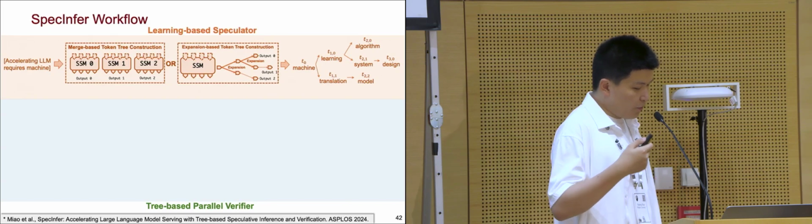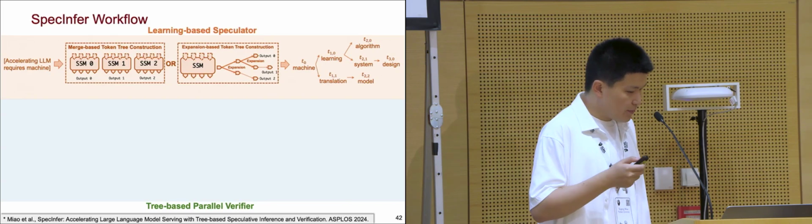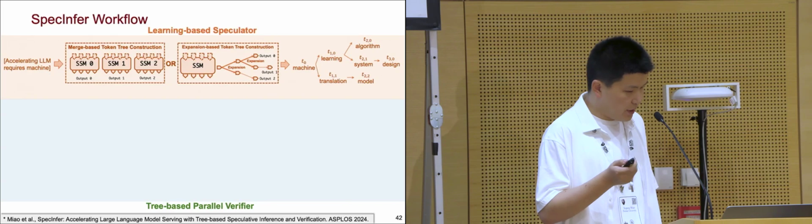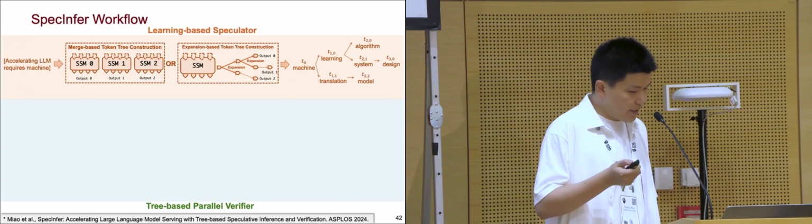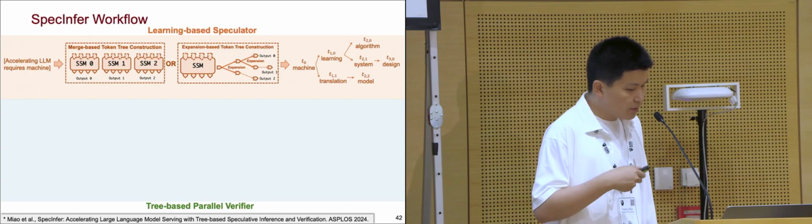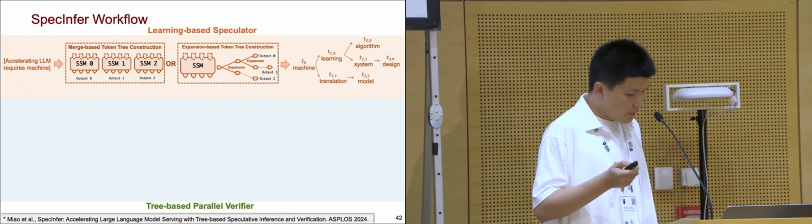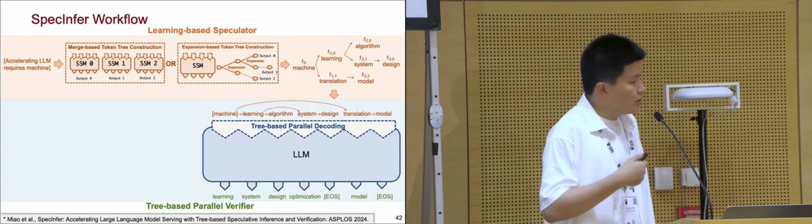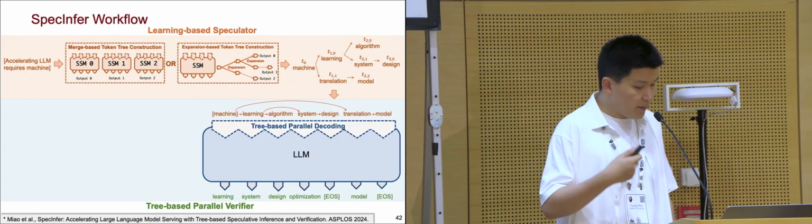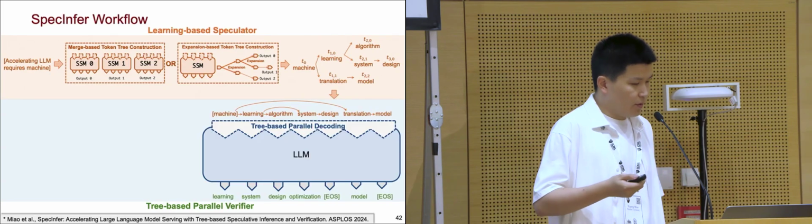So we support two different methods here to generate the tree. The first one is called the merge-based method, which relies on multiple diverse small models and merges their predictions. Our experiments have observed large speed-ups when we involve more small models.